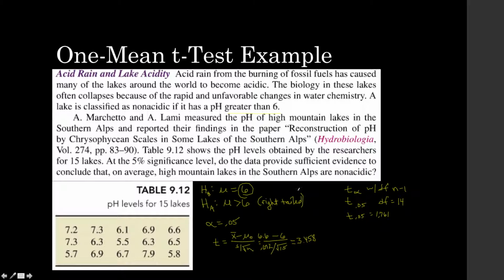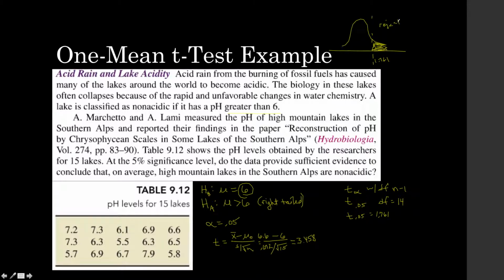Alright, so for critical value, remember this is what it means. Here's our t-curve. 1.761 is that critical value. And it's right-tailed, so that means this area to the right is the rejection area.